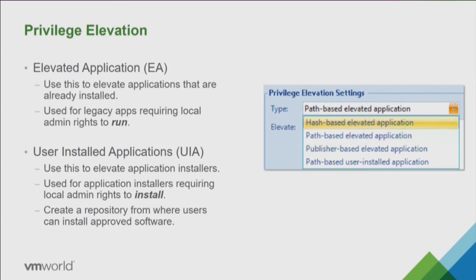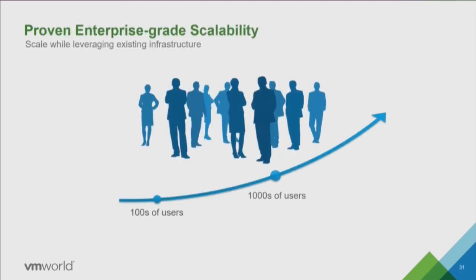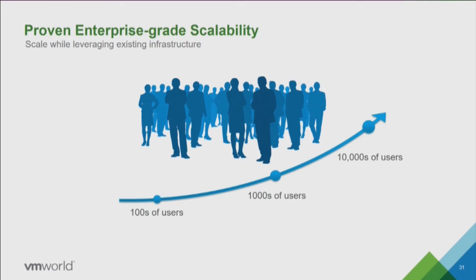So you can build a repository and allow users to install applications from that repository, but not from just anywhere in any application. So as you can see, User Environment Manager gives you something that is going to make your end users happy. It gives them that persistence.